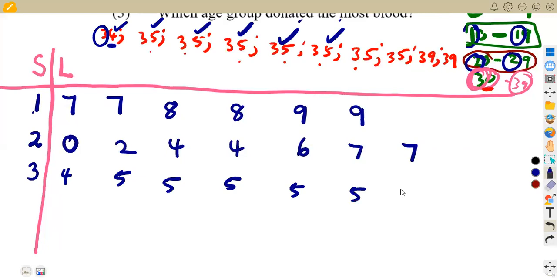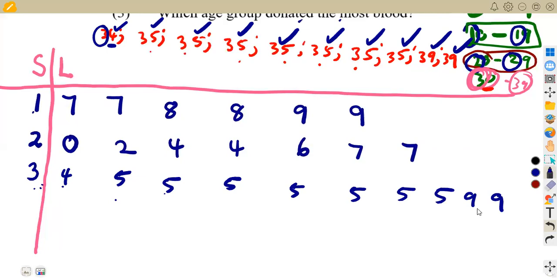All right, another 5. Another one. And a 39, which is a 9 there. Okay. So we've got 34, 35, 35, 35, 35, 35, 35, 35, 39, 39. That is what it means.